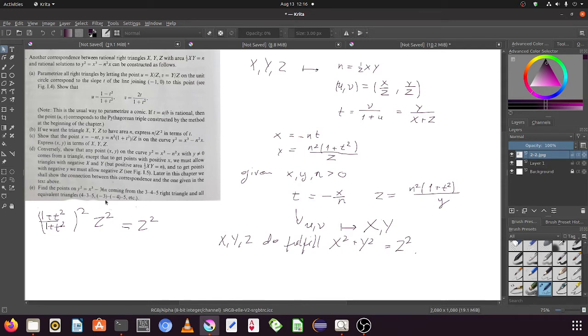And negative sides are allowed as well, but x and y must have the same sign, because we have n positive. Now, that puts limits on t, of course.